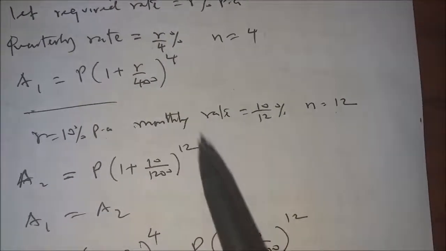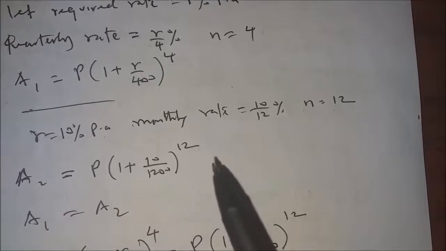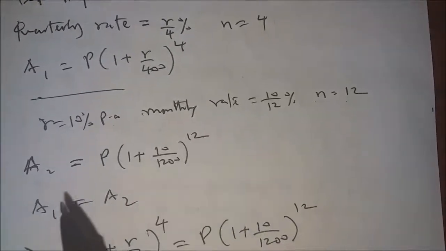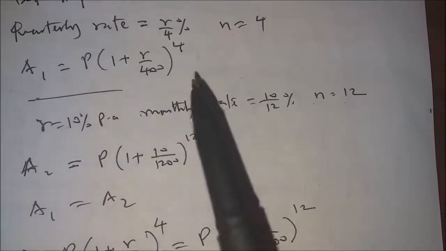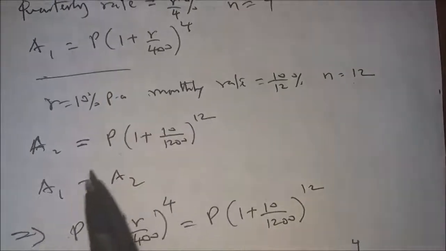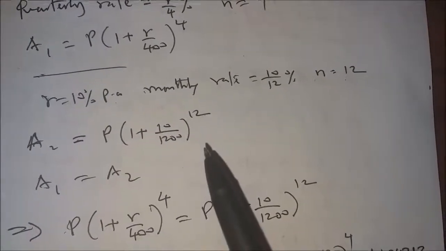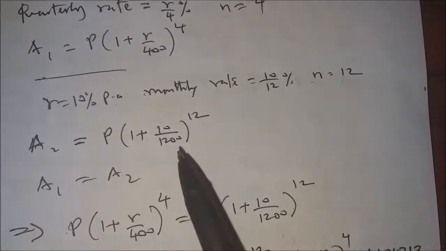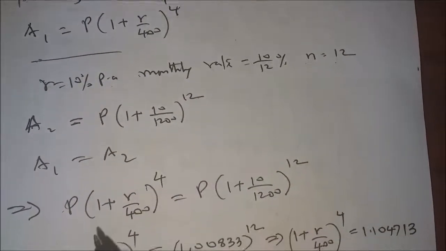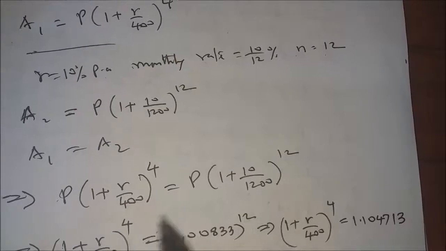Remember, we are comparing the two rates of interest within a period of 1 year. And so we have this amount for the first scenario, and this amount for the second scenario. For the two rates of interest to be equivalent, the two accumulated amounts must be equal, and we end up having this equation.